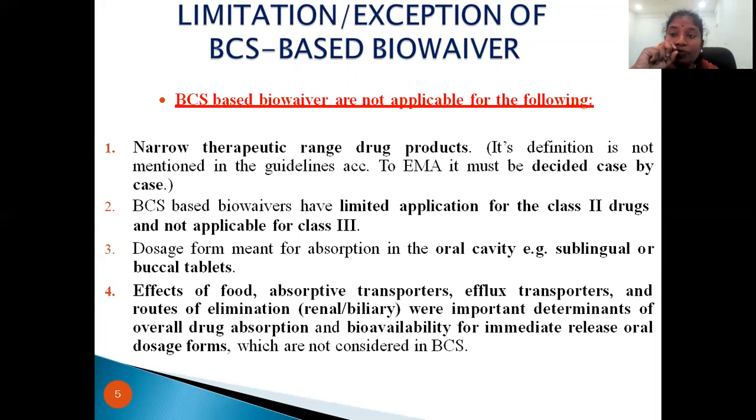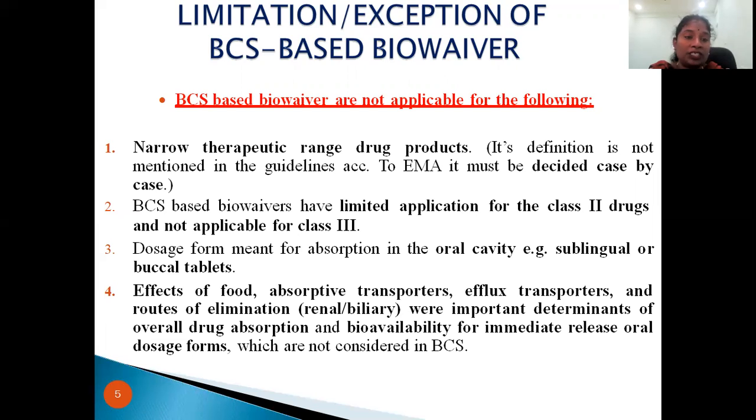Not only that, BCS based biowaivers have limited applications for class 2 drugs. So why is it limited? Class 2 drugs have limitations, and it is not applicable for class 3 drugs. So maximum they are not suitable for class 2 drugs.